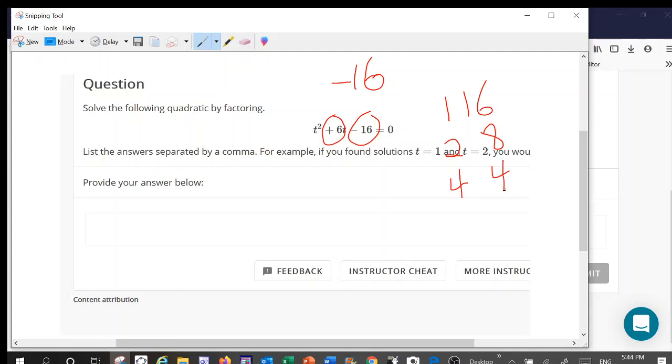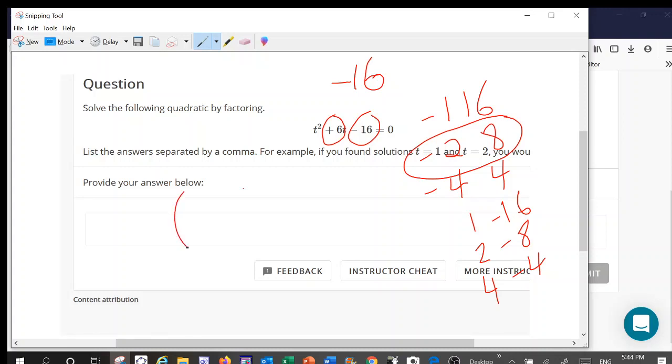Now we have to get negative, so either these are negatives, or 16 is negative, and 8 is negative, and 4 is negative. Now, which pair gives us +6? Well, it looks like this pair right here. So the numbers that we need are -2 and 8.